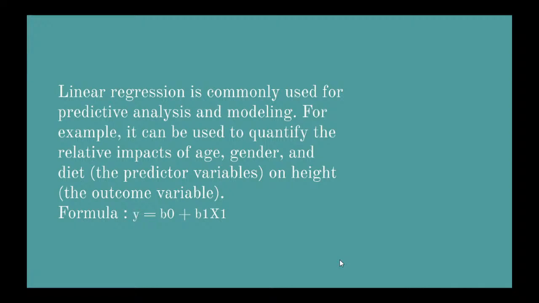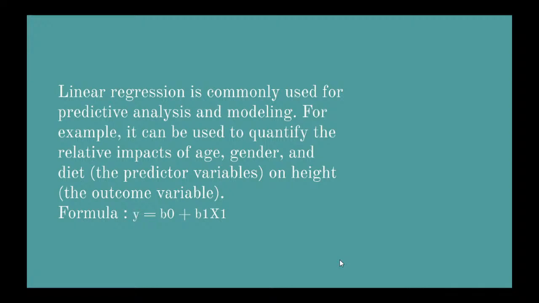They include the age, the gender, and the diet, while the outcome variable, the target, what you're trying to predict here, becomes the height. And the linear regression model is very simple. It's a pretty much straightforward algorithm that is mostly used.